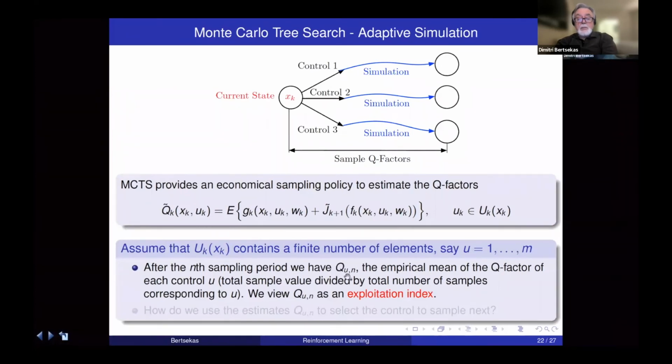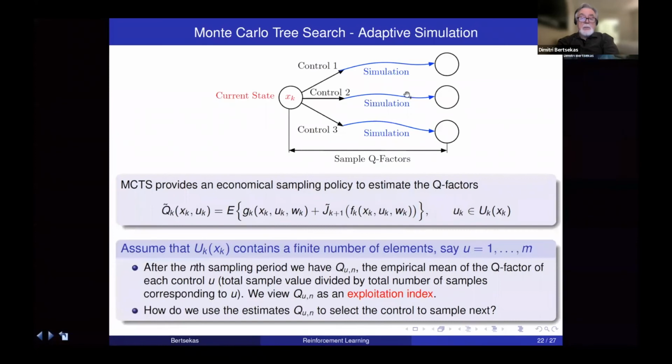So it is the running average of Q factors corresponding to U and the state that you are in, okay? Now, we want low values of that. If this value is low, that indicates that U is a good control. And we view this as an index for exploitation, an index about the potential of control U, a numerical value.